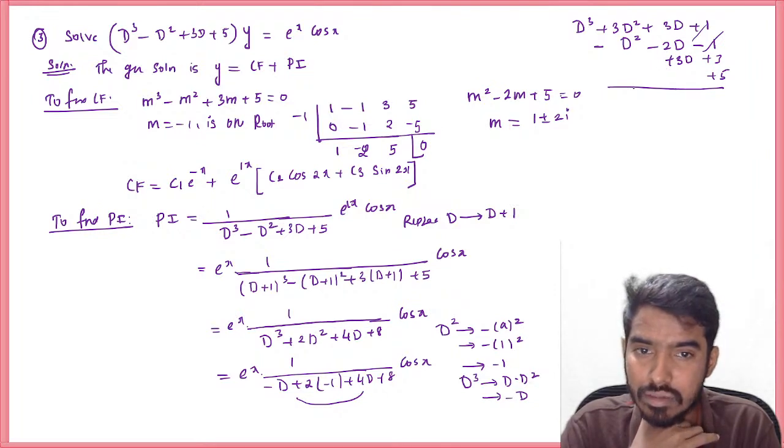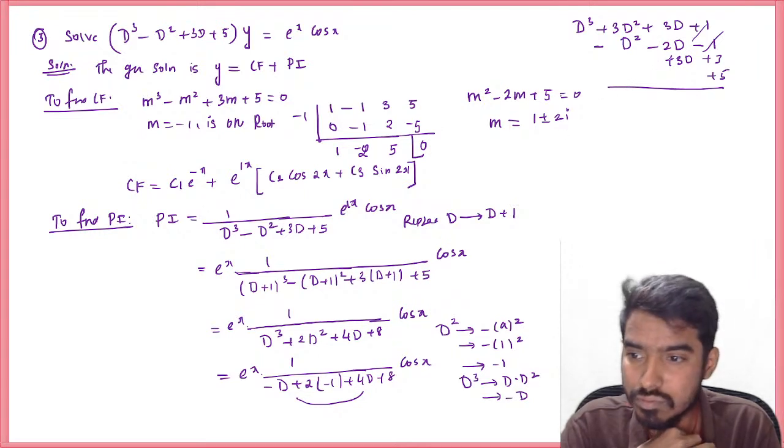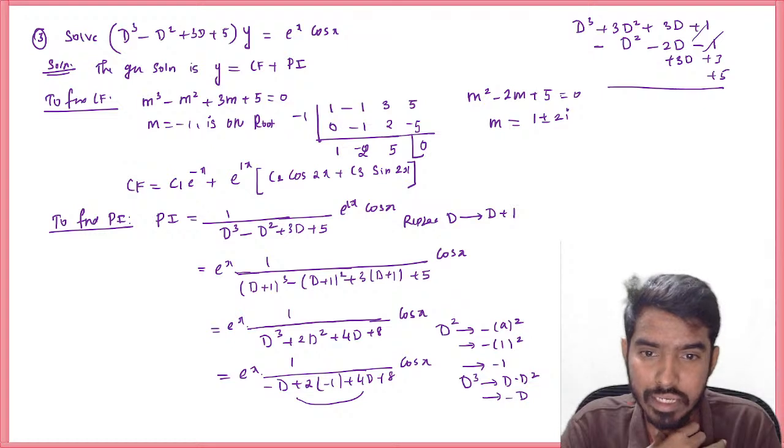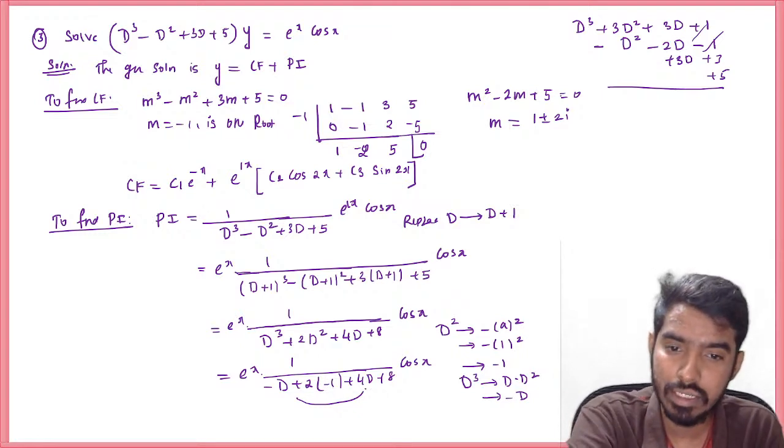Just a minute. d cube plus 2d square, 6d minus 2d is 4d, right? 4d, and we have this to be 8. Okay. So we have d cube, minus d, minus 2, plus 4d plus 8, so 3d plus 6.